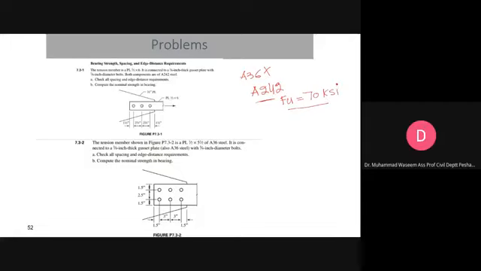This tension member, this is a plate, the thickness is different. What do you think will be controlling the bearing strength of the connection, the gusset plate or this tension member? Gusset plate. Because it has less thickness.